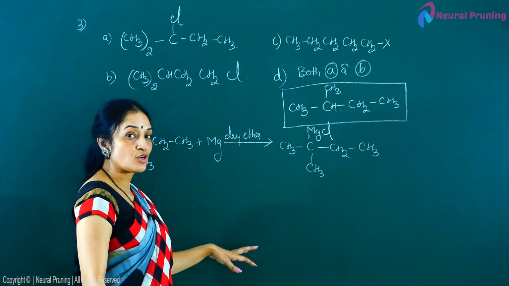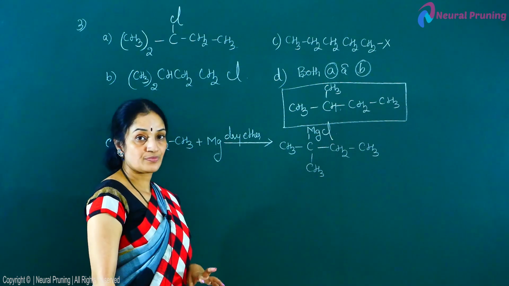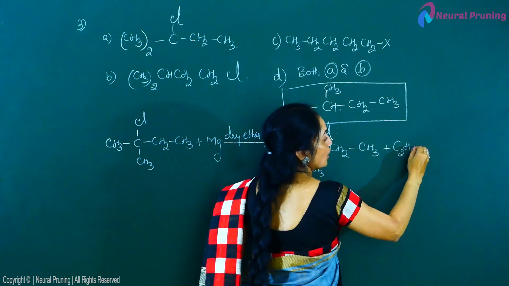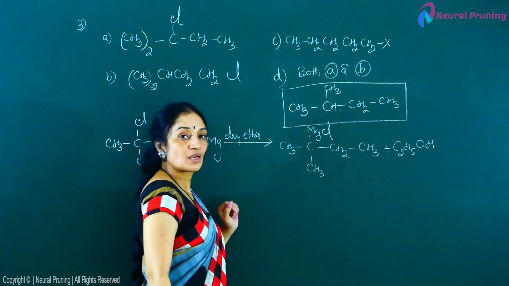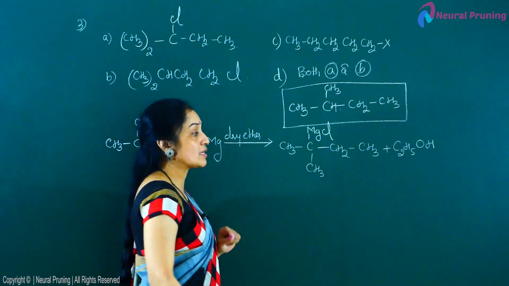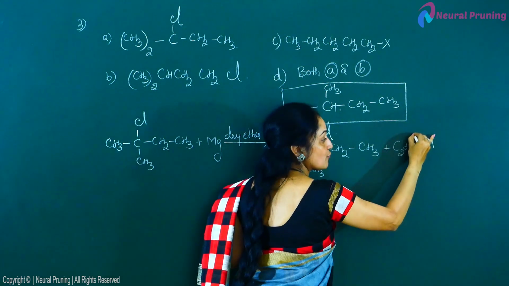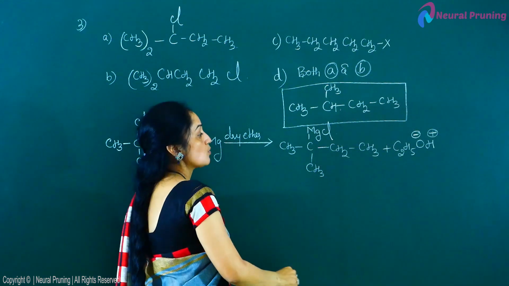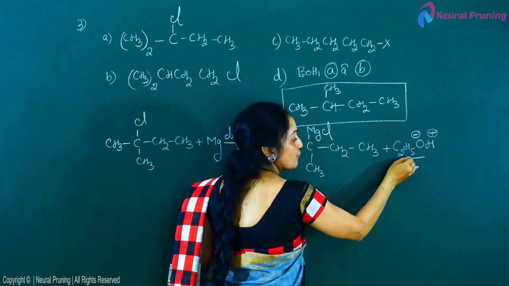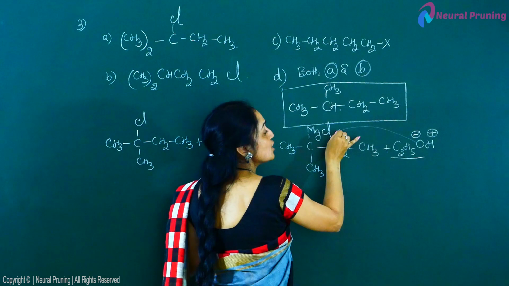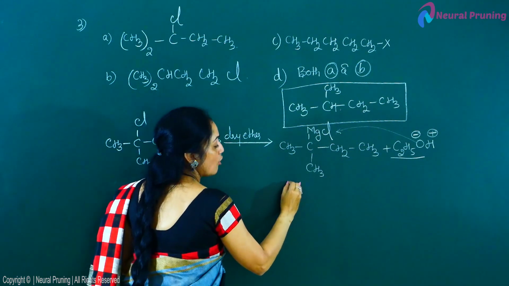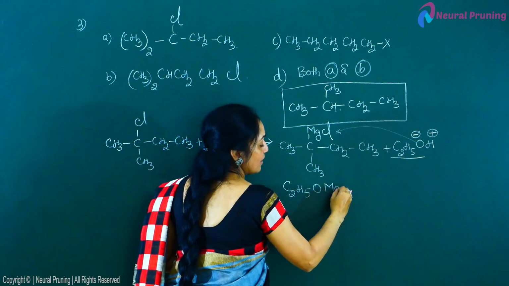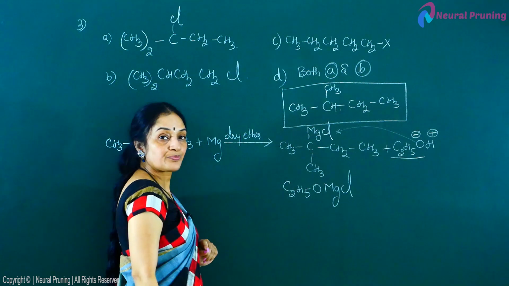Now this particular compound is treated with ethanol. Ethanol, we have here C2H5OH, right? Ethanol is a very strong base. It ionizes as C2H5O minus and H plus here, right? So what exactly happens is C2H5O minus will pick up our MgCl group, so that it forms C2H5O MgCl, right?